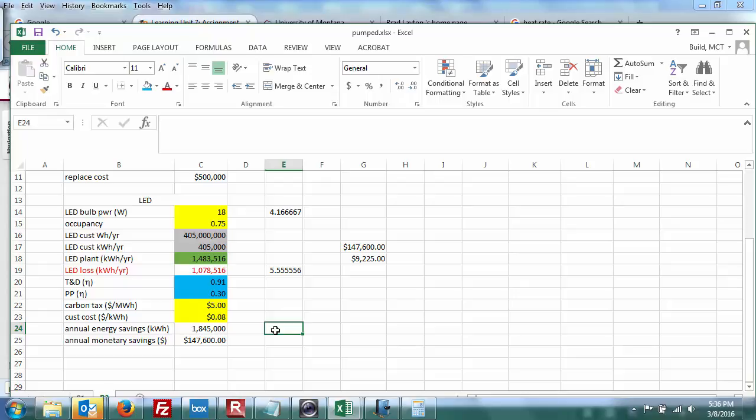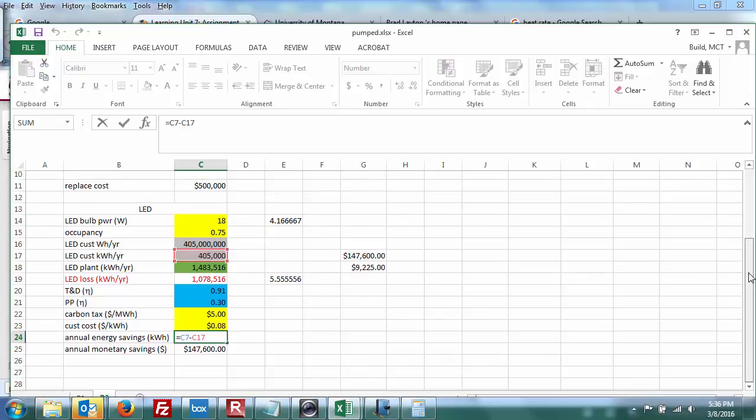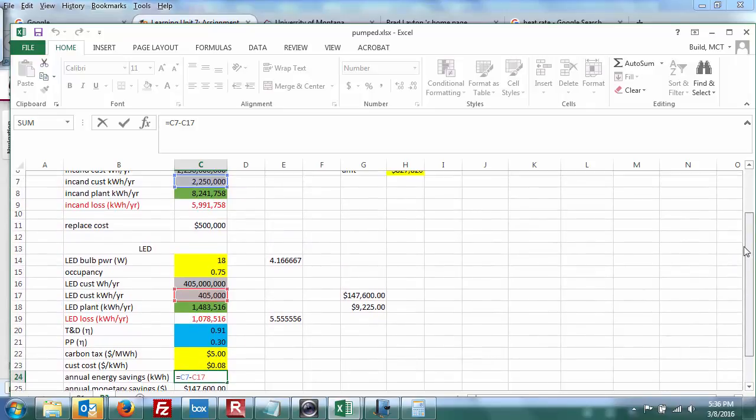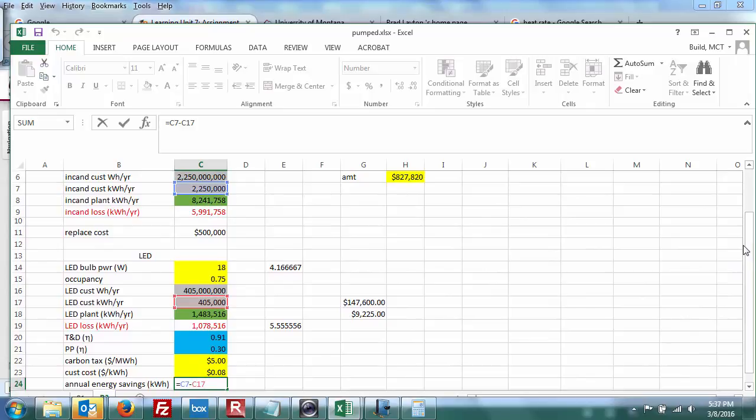Okay. Now, the annual savings in kilowatt hours, let's just see how we got that. The LED customers are going to be charged for 405,000 kilowatt hours at their meter. Right.